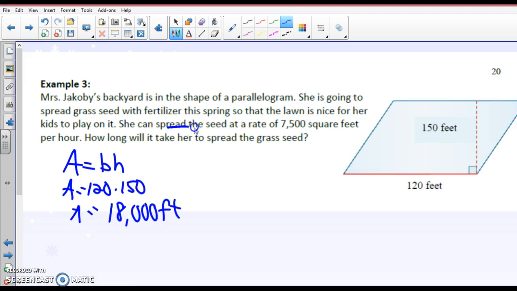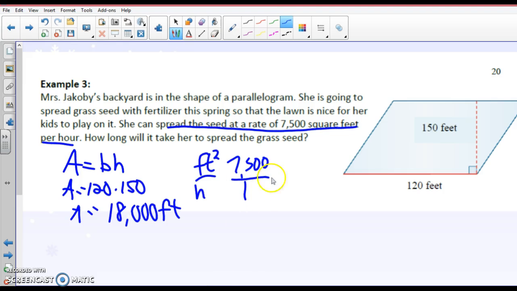It says she can spread the seed at a rate of 7,500, and that's square feet. We're comparing that to hours, per hour. Square feet per hour. Where does this 18,000 square feet go, top or bottom? Yep.